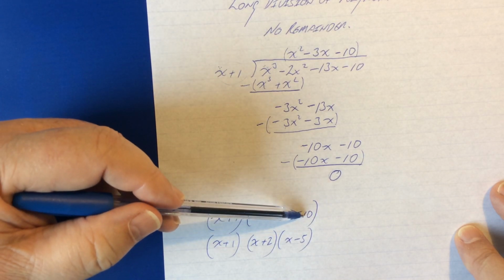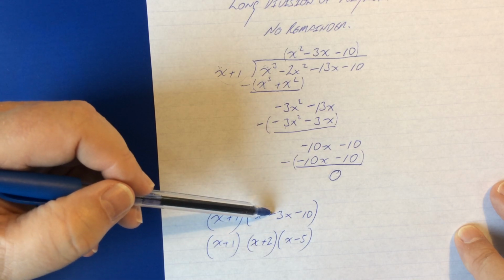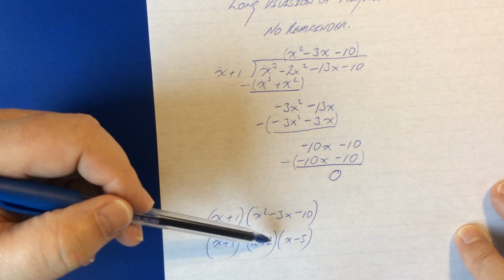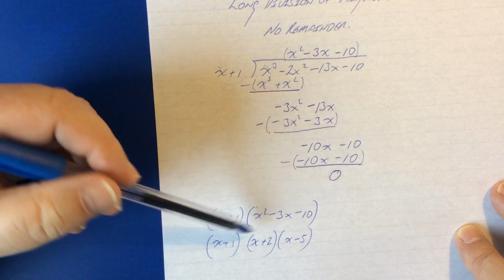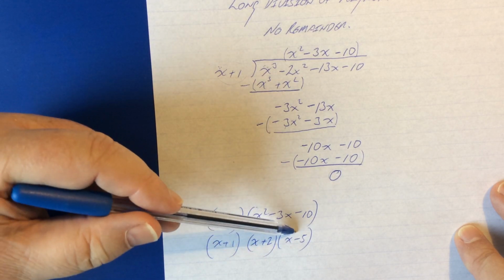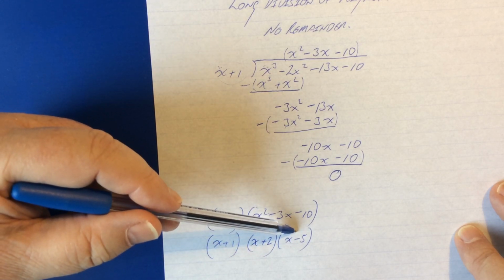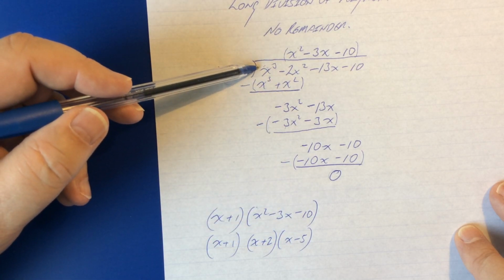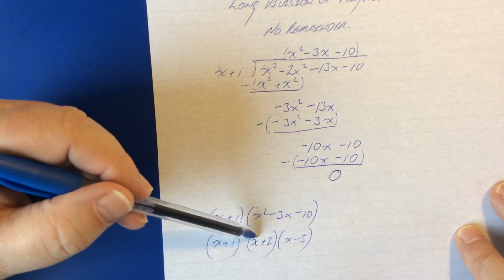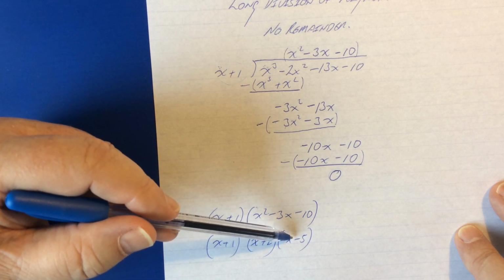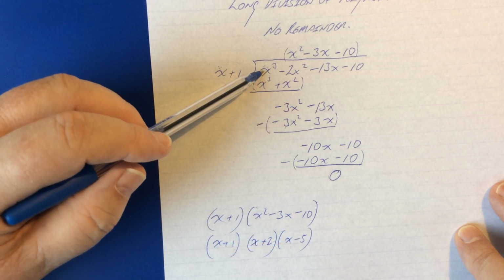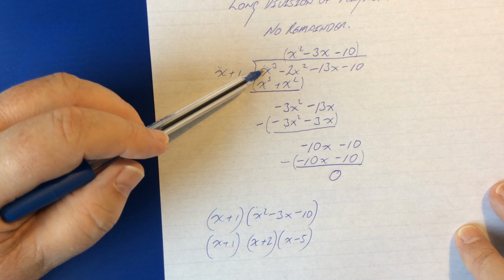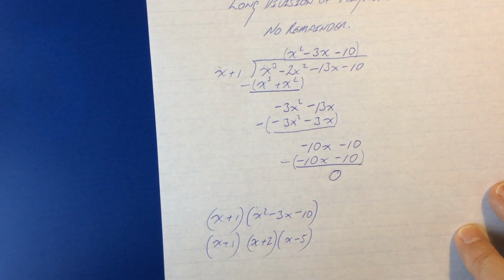The factors of negative 10 that add to negative 3 are negative 5 and 2, and so we have the three linear factors of this expression. And you can use these to graph the equation of this cubic. But that's something for another video.